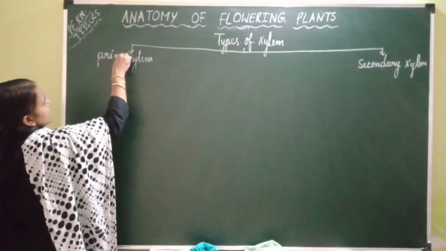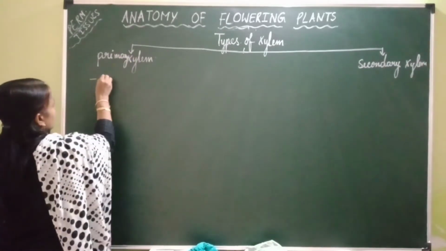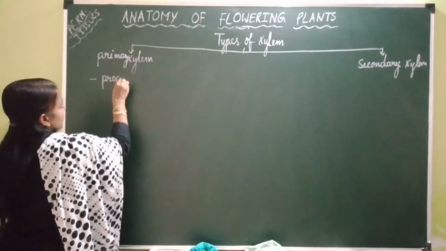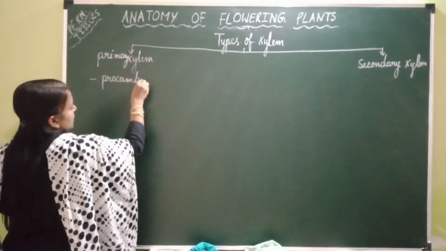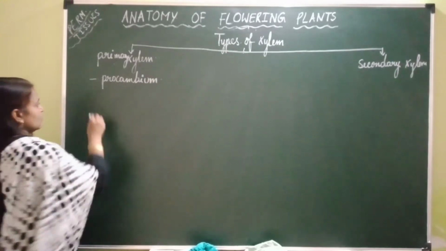Primary xylem is the xylem which is originated from procambium and it is developed during the development of primary parts of plants.